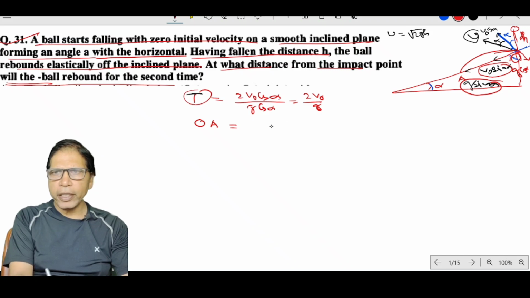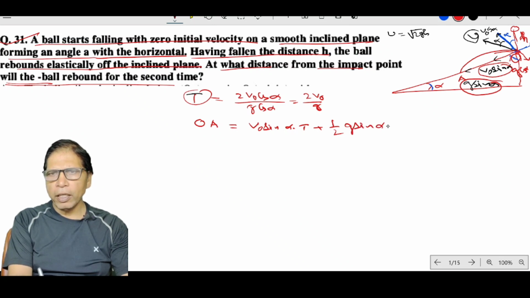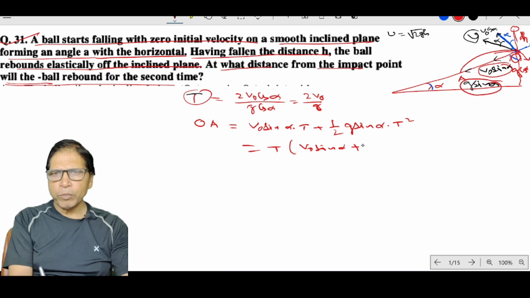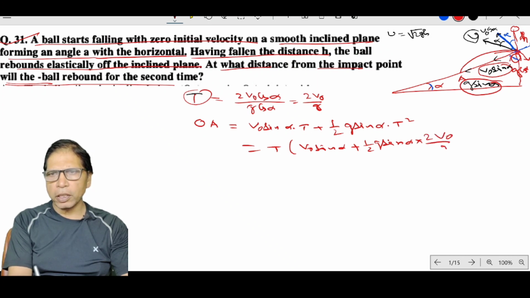So OA equals v naught sin alpha into T plus half into a, where a is g sin alpha, into T squared. Taking T common, you get T into v naught sin alpha plus half g sin alpha into T. What is T? T is 2 v naught by g.